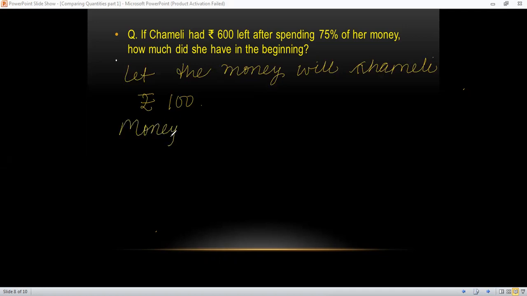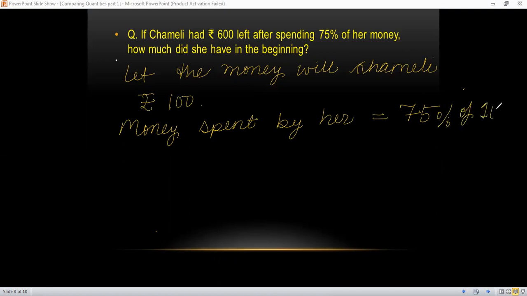Money spent by her is equal to 75% of 100. That is 75% into 100. So we will get rupees 75.